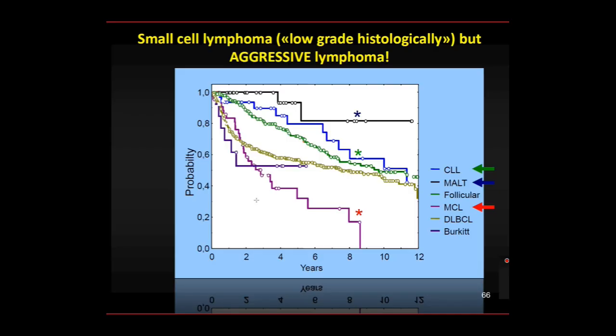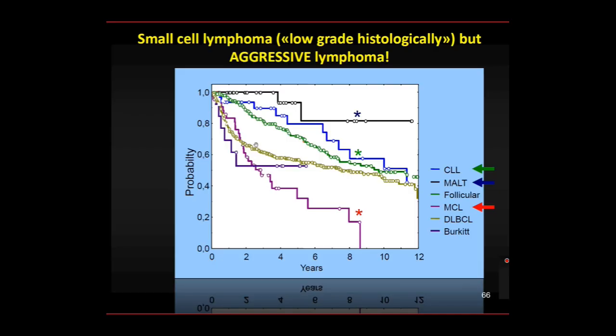inside the low-grade because of the low aggressiveness at histology. Small cell, very quiet. Indeed, if you look at the survival curves, mantle cell lymphoma is probably the most aggressive among B-cell tumors.